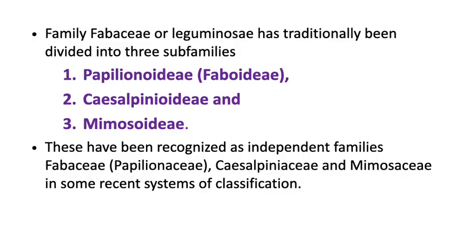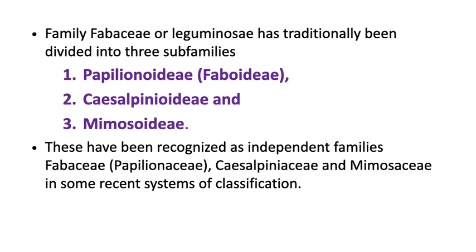As we had studied earlier, family Fabaceae or Leguminosae has traditionally been divided into three subfamilies. Number 1, Papilionoideae or Faboideae, Caesalpinoideae, and Mimosoideae. As we had discussed earlier also, these have been recognized as independent families.